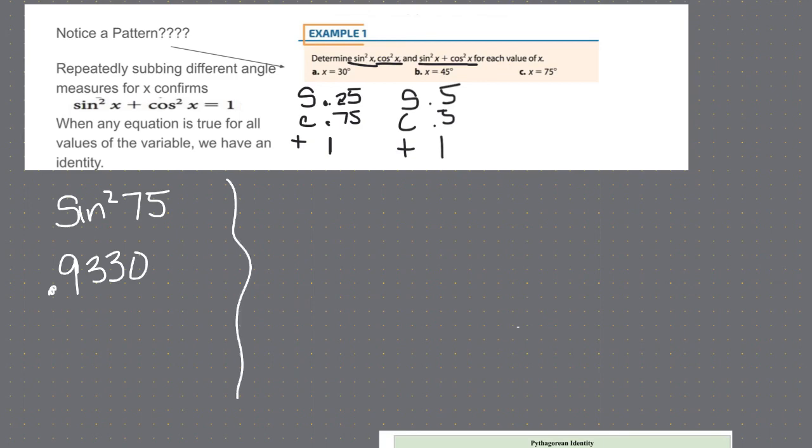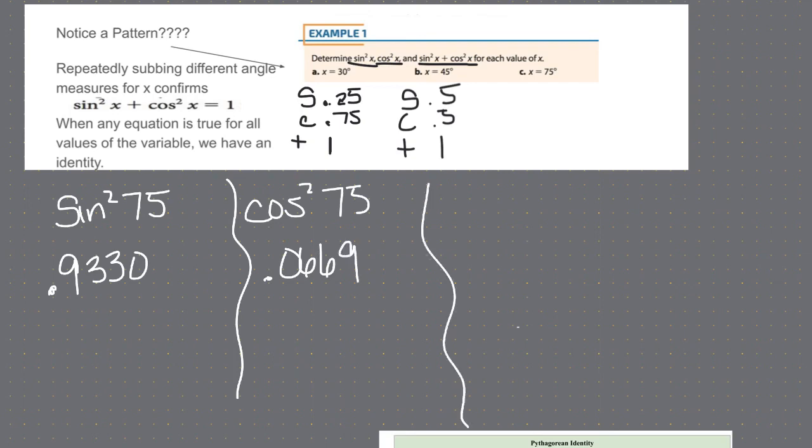Now, I need to do the cosine squared of 75. Again, calculator. I didn't say it that time. Which becomes 0.0669.